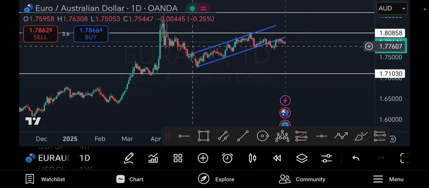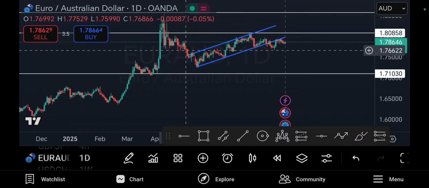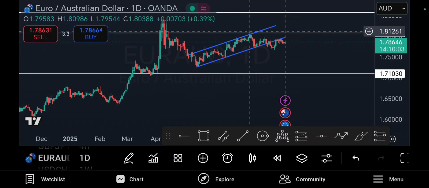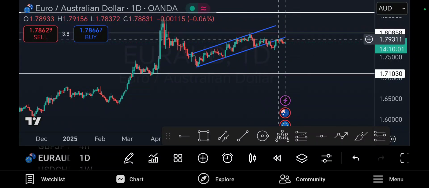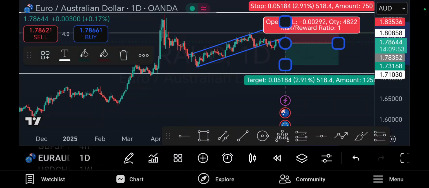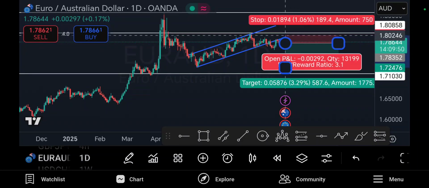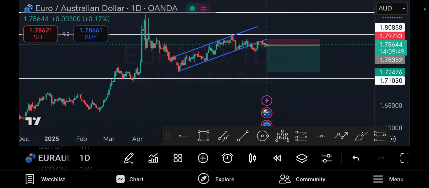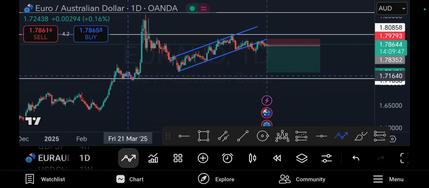It's from this high that gave us this pattern there. So expecting sales to the downside. You know why we are expecting sales? Because we can see that this support was strong.